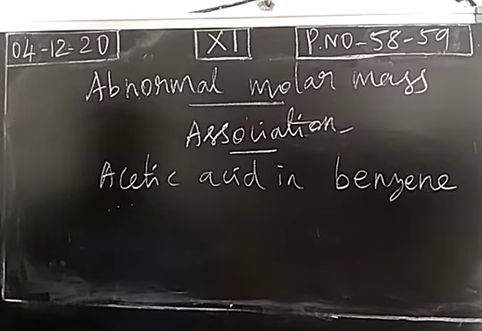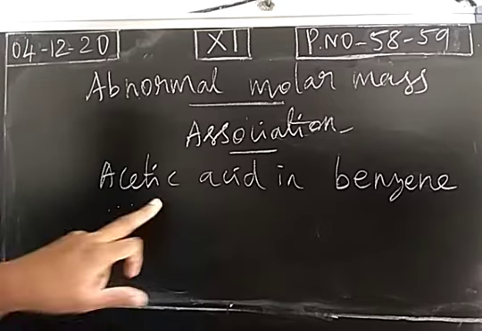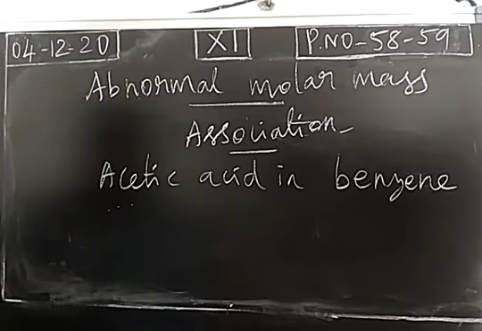So two acetic acid molecules will combine together by intermolecular hydrogen bonding. It will associate to form a dimer. So due to association, there will be a formation of dimer or trimer and so on. It depends upon the solute. For acetic acid, it easily forms a dimer.